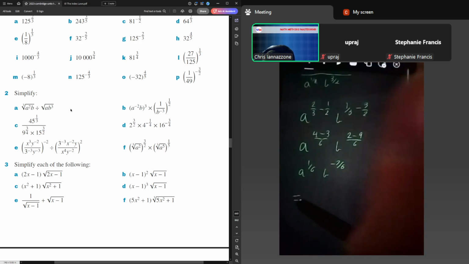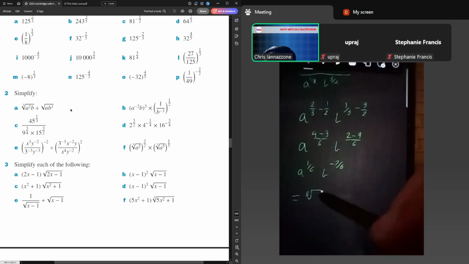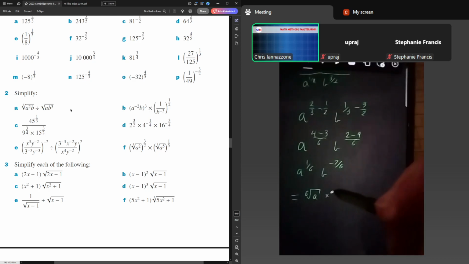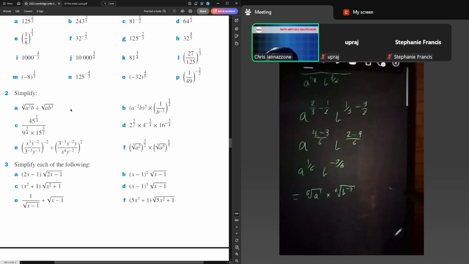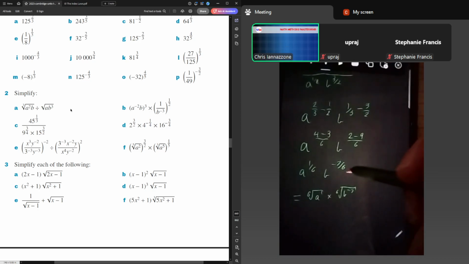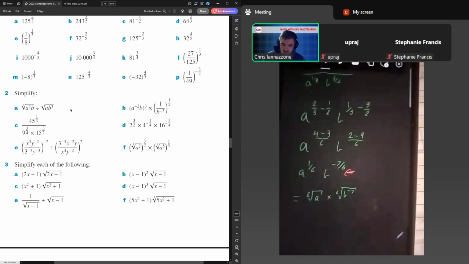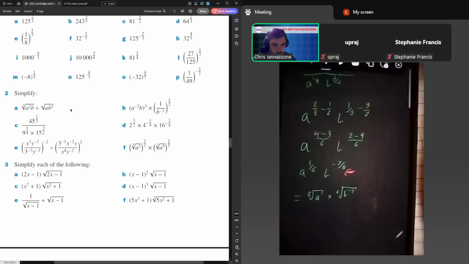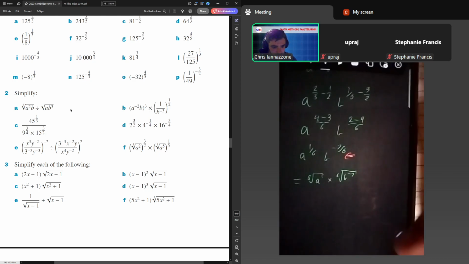I mean, writing the 6th root of a and then times the 6th root of b to the minus 7, or even flipping that as the index. Just my preference is to stick here. There's obviously stuff you can do to rewrite it to your own preferences, but that's where I would personally stop, just before that last line.